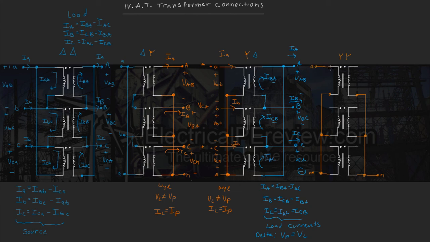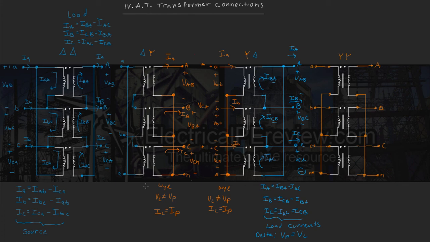Here's our source line A, lowercase for the source line B, source line C, load line capital A for the load, capital B, capital C.